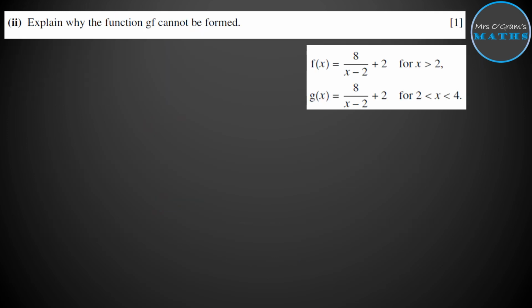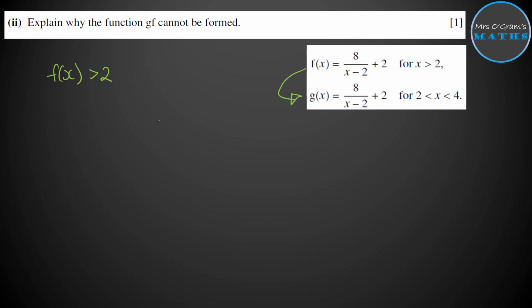Okay, now part 2, if we think about it the other way around, so if we're doing g of f, we're taking what could come out of f, which we already know was that f of x has got to be greater than 2, and we're putting it into g. So doing f first and then entering that as our domain for g.